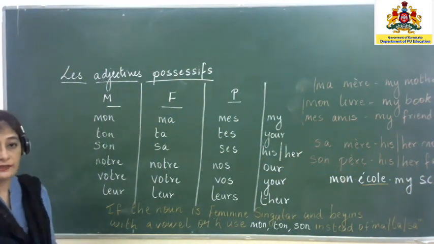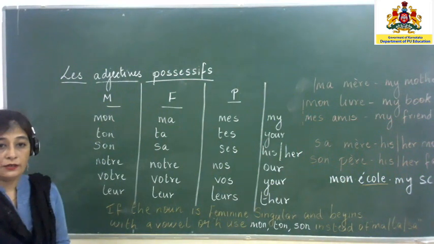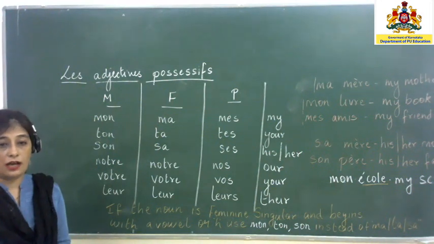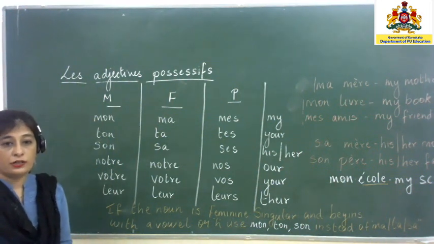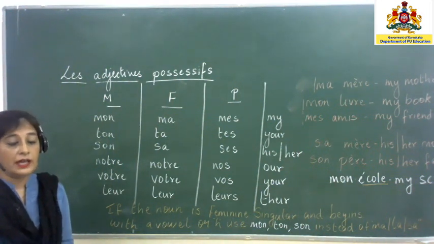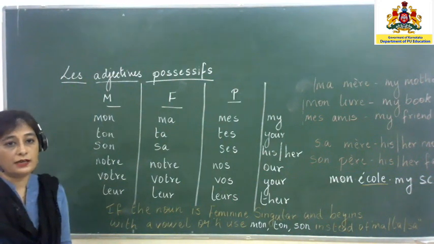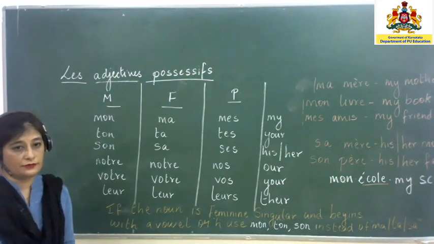That is possessive adjectives. Mon, ma, mes meaning my, ton, ta, tes meaning your, son, sa, ses meaning his or her, notre, nos meaning our, votre, vos meaning your, leur meaning their. If the noun is feminine singular and begins with a vowel or H, use mon, ton, son instead of ma, ta, sa. Look at the word after the blank, that is the noun, and check the gender accordingly. Is that clear? That is the end of possessive adjectives.